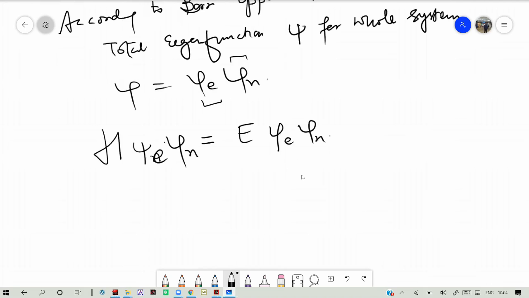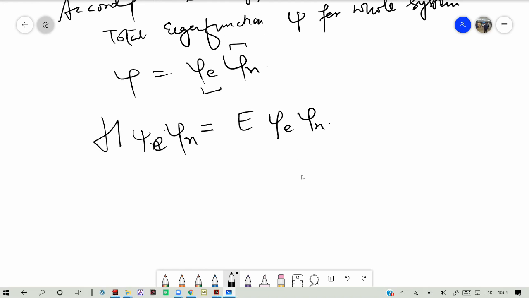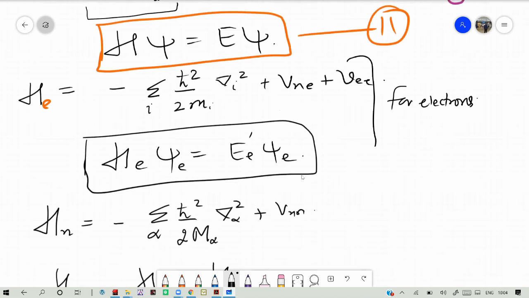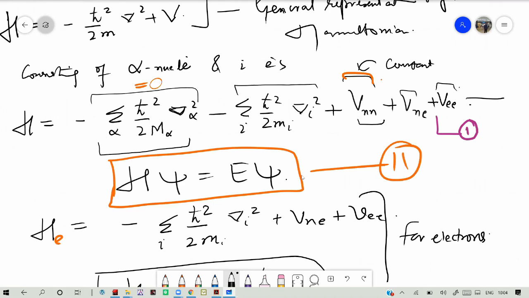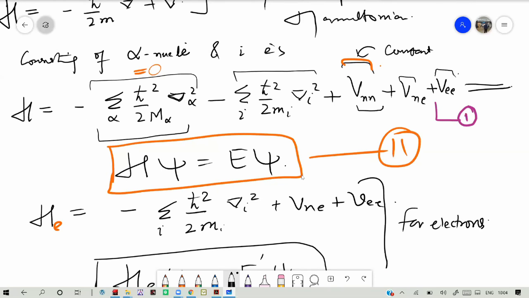So using this value, we can write H using the value of H from the first.